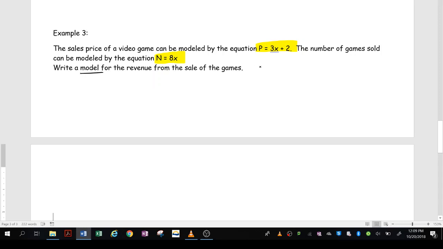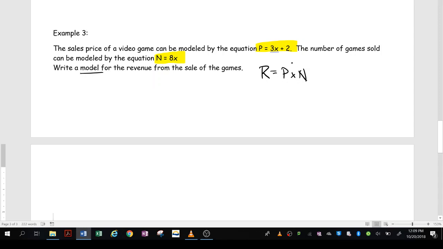So we know that revenue is equal to the sales price times the number of items sold. So for any revenue, it can be modeled by the price times the number of units sold.